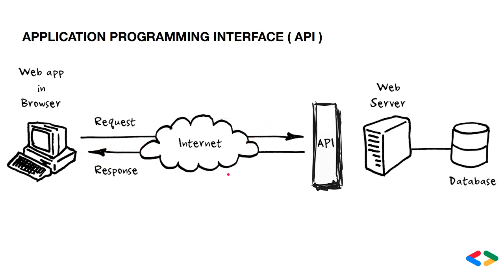So the API is not a database or even a server. It is the code that governs the access points for the server. I'll summarize for you. Let's assume you have a portfolio which has a contact form, and you want to save the data if someone fills it. So we can make an API for that, and in that website we'll link that API. Now whenever a user fills in the data, it will come to the server. Now from the server it goes to the database. Got it?